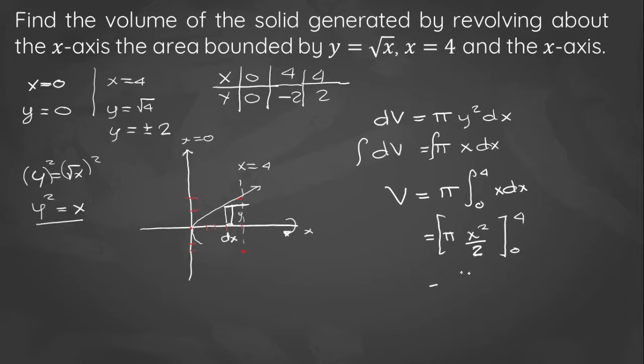Substituting all the values, we have pi times 4 squared over 2 minus 0. Now, 4 squared is 16 divided by 2 is 8. So we have a volume equal to 8 pi cubic units. So this is our answer.